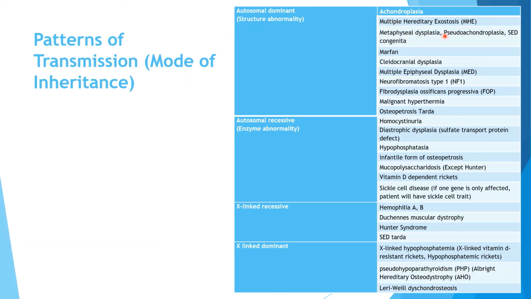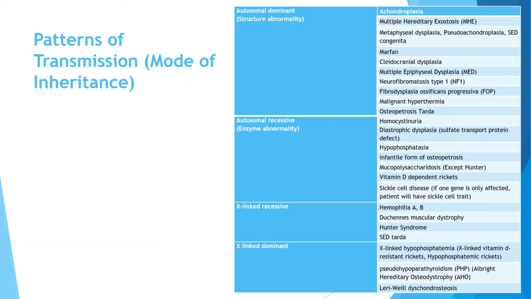The metaphyseal dysplasia, the pseudoachondroplasia, the spondyloepiphyseal dysplasia congenita. So the dysplasias here are autosomal dominant. Marfan is autosomal dominant, cleidocranial dysplasia. We talked about this when we discussed the genes. Multiple epiphyseal dysplasia. So as you can see, also achondroplasia.